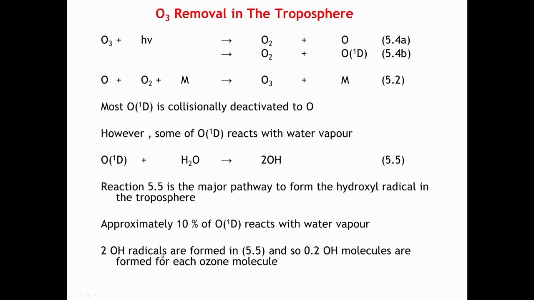So 2 hydroxyl radicals are formed here, and so 0.2 OH are formed for each ozone molecule, because only 10% of the O singlet D reacts with water vapour. So about 0.2 OH for each ozone molecule that goes down this channel.